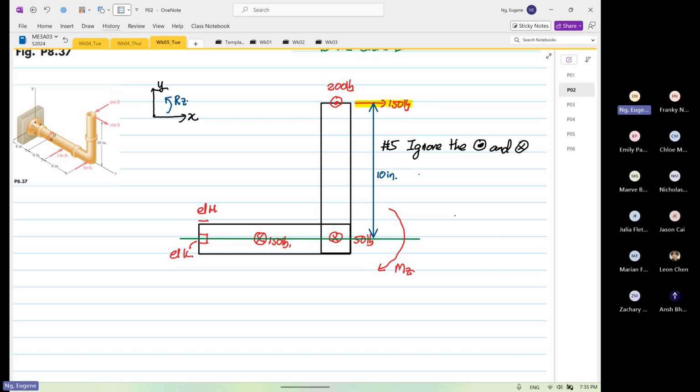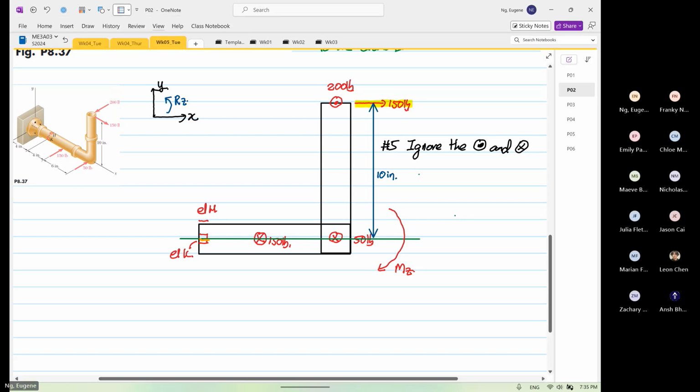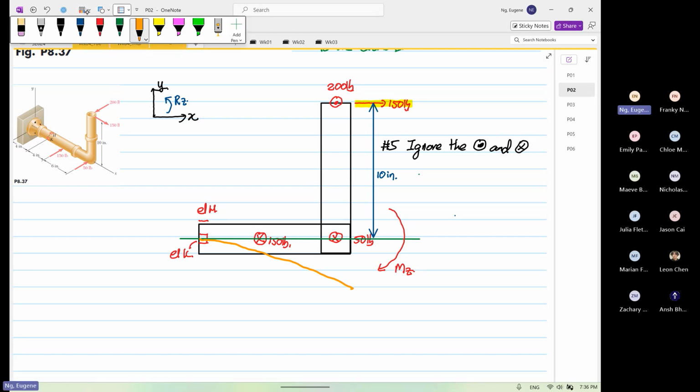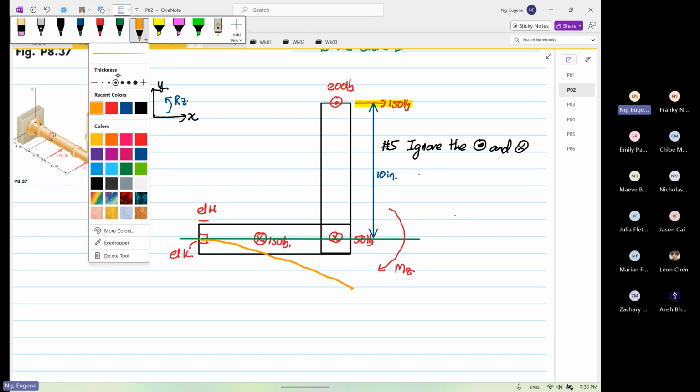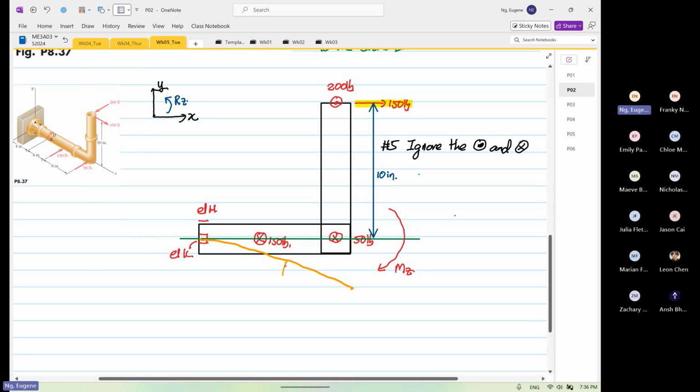Why? Because with the 150, the green line, this is the deformation pattern. Okay, so over here, this is our deformation pattern.